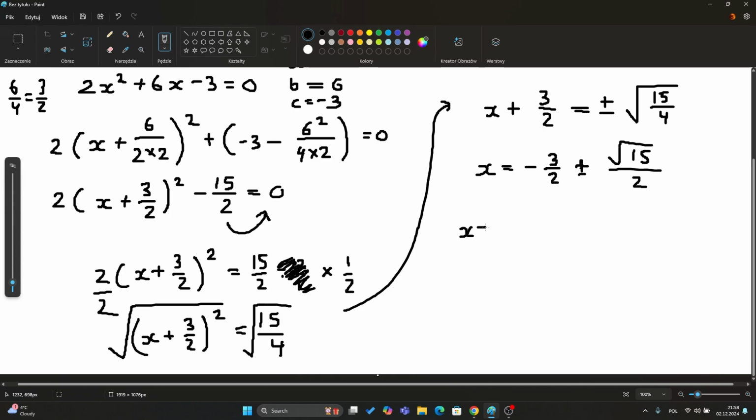So that is x equals minus 3 over 2 plus root 15 over 2, and x equals minus 3 over 2 minus root 15 over 2.